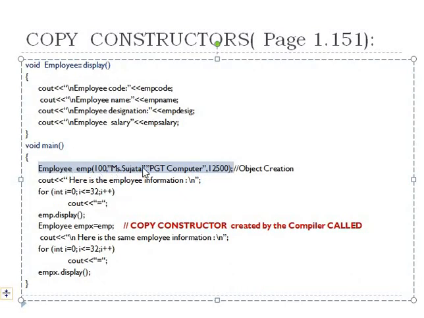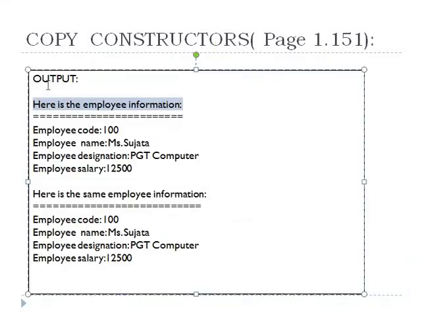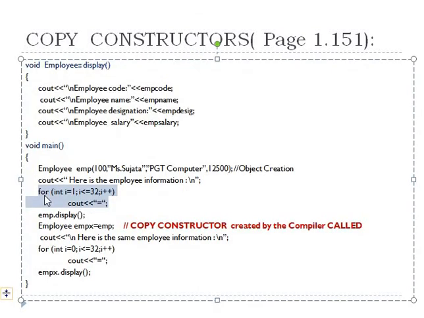Now once this statement gets executed, the control moves to the next line and it's going to print the text, here is the employee information, with the help of this cout operator, and you can easily view this text in the output. Then the control moves into the next statement.